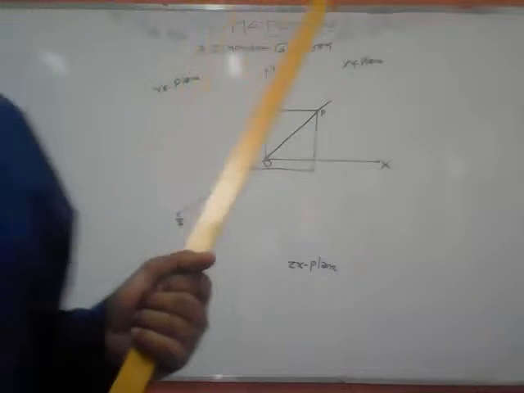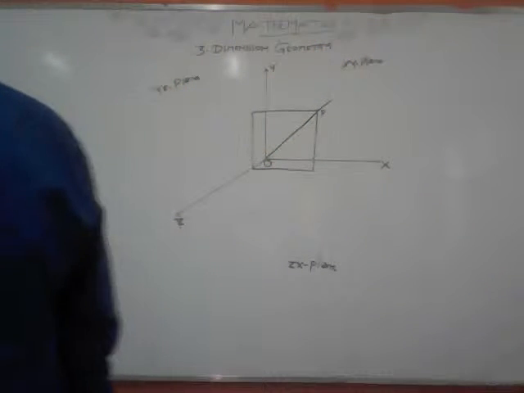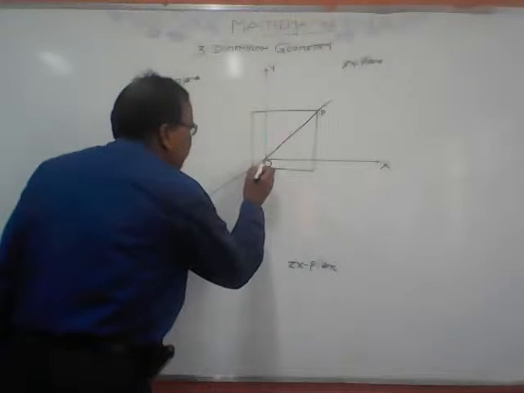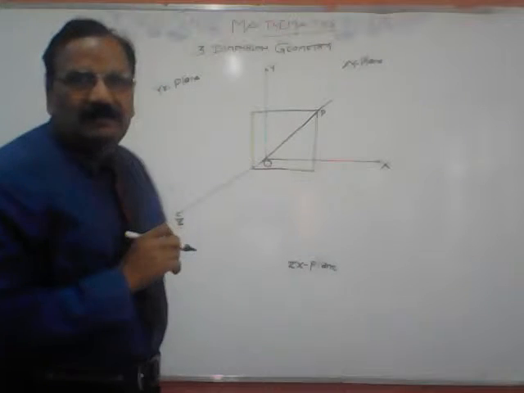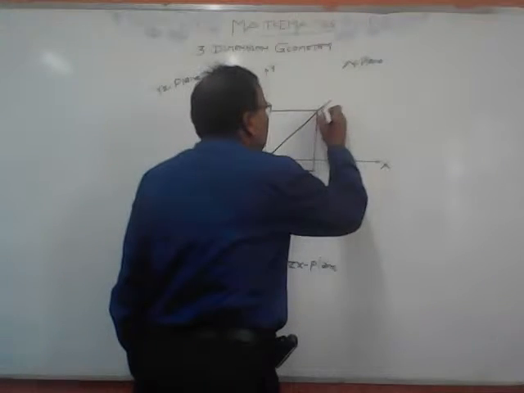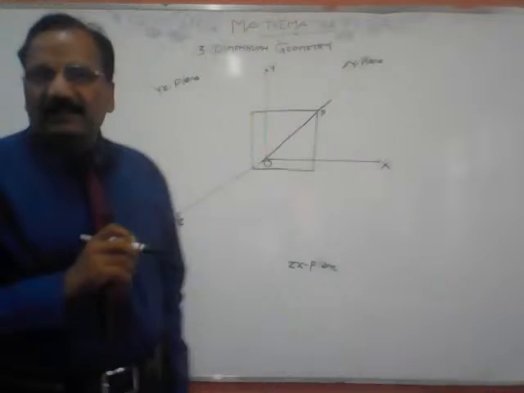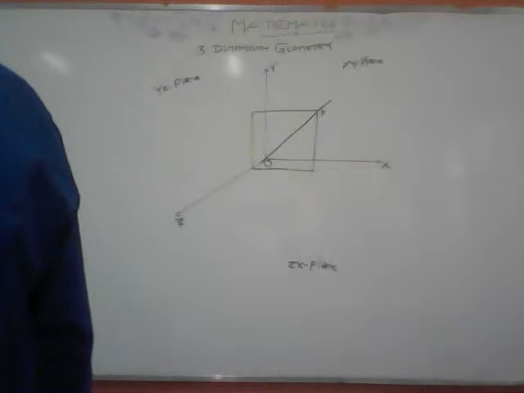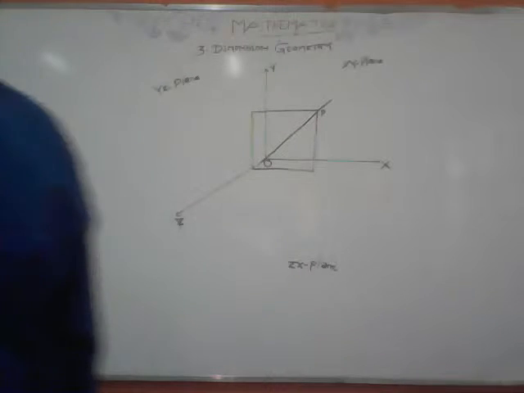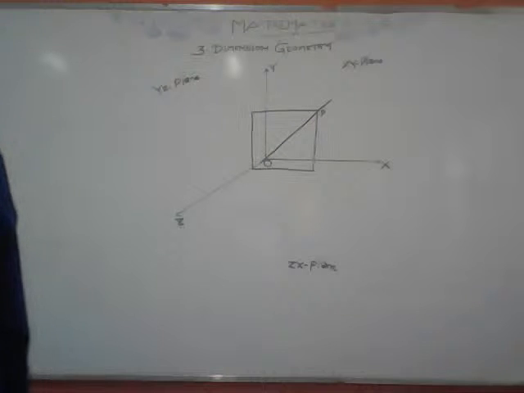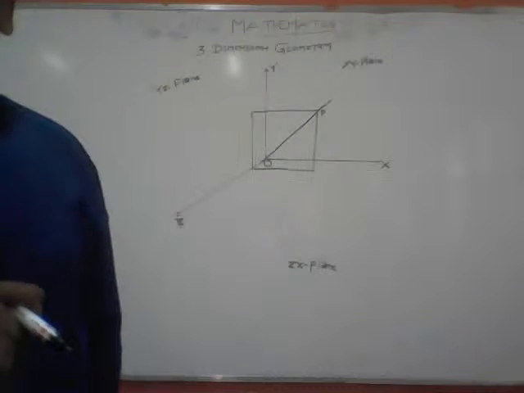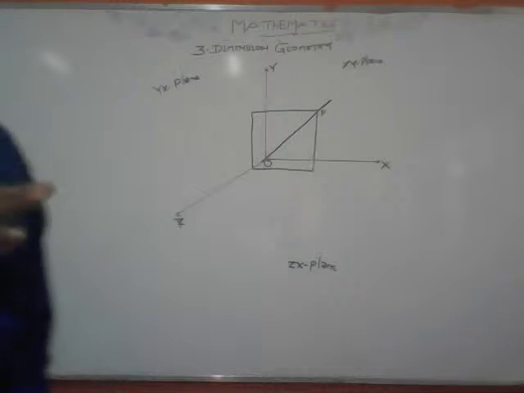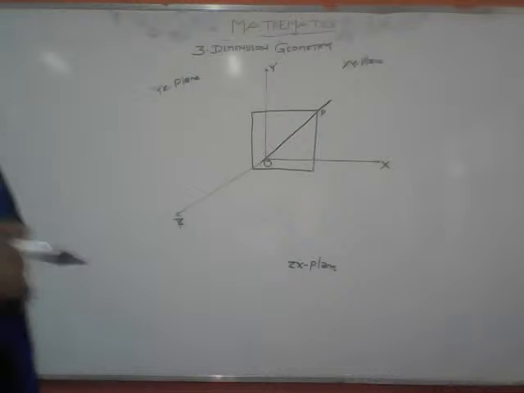The algebraic length of this perpendicular is considered as the Z coordinate. From the foot of the perpendicular, drop perpendiculars to the X and Y axes. The algebraic lengths of these perpendiculars are considered as the Y and X coordinates respectively.